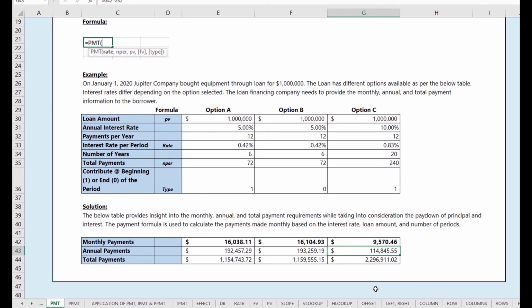So I think another thing that you would want to do is just take the difference between the loan amount and the total payments, i.e. the $1 million minus $2.296 million in option C, and that provides a difference of $1.296911 million in interest compared to the other options of only $154,000 to $159,000 of interest.